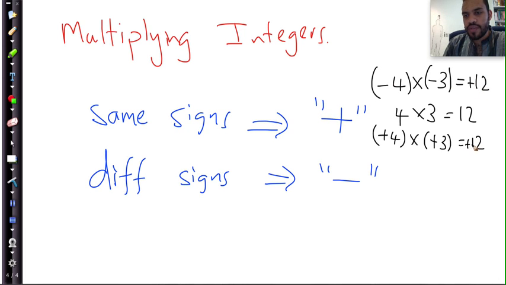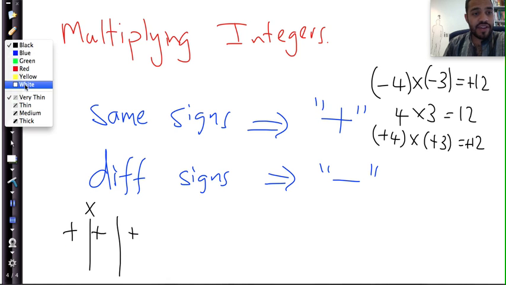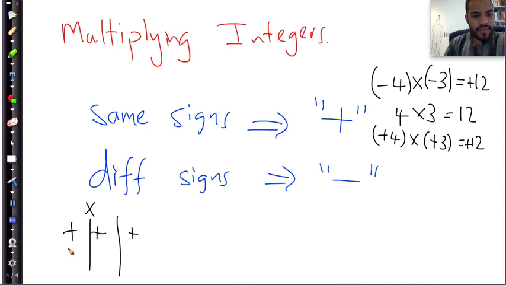Now, one of the rules is, let's make this multiplication. When I multiply a positive with a positive, the result will give me a positive. When I multiply a negative and a negative, I'm also going to get a positive.